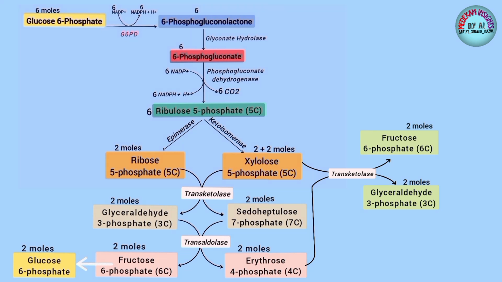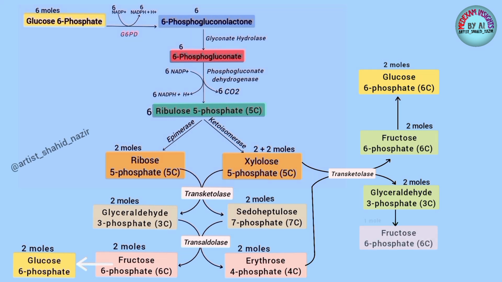Fructose can be converted to glucose 6-phosphate for further metabolic cycles like glycolysis and citric acid cycle, and 2 moles of glyceraldehyde 3-phosphate will give 1 mole of fructose 6-phosphate.